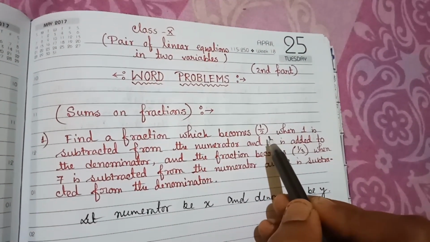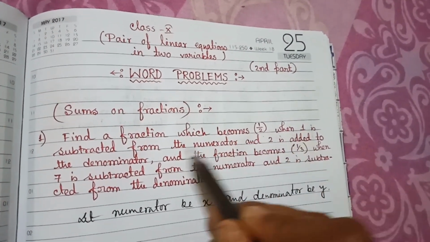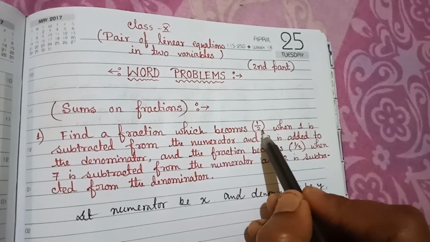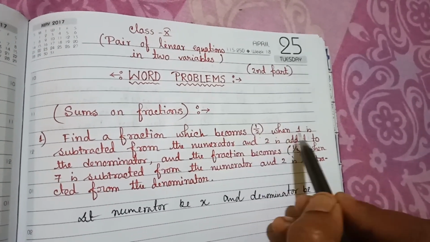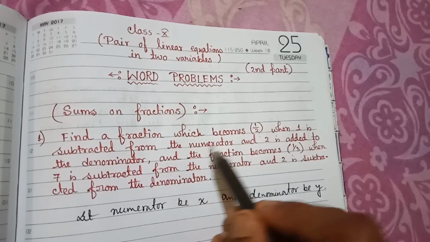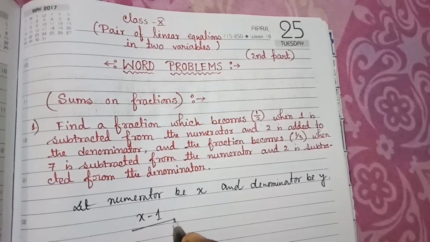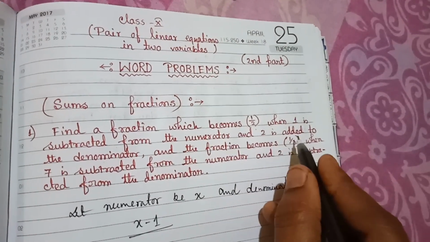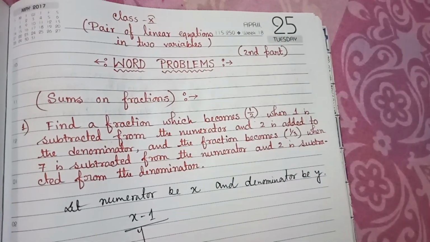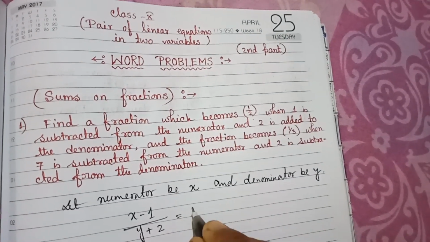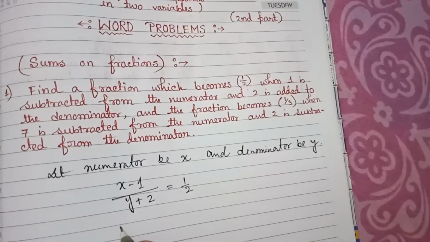Coming to its first condition, it becomes half when 1 is subtracted from the numerator, that means x minus 1, divided by 2 added to the denominator, that means y plus 2, equals half.